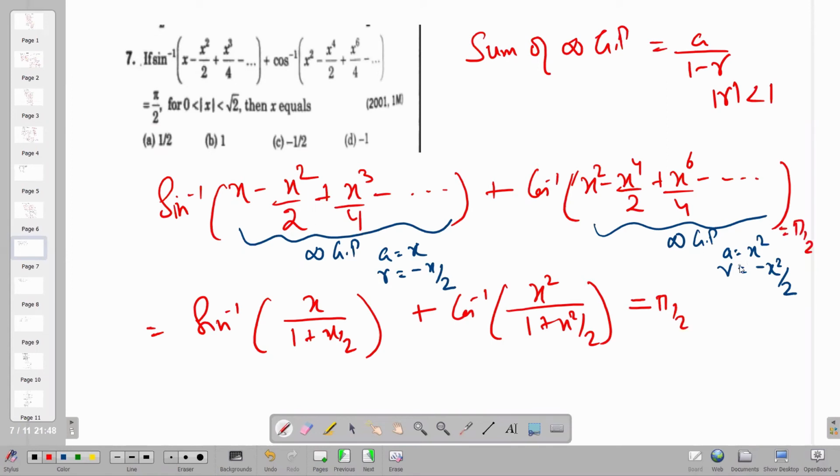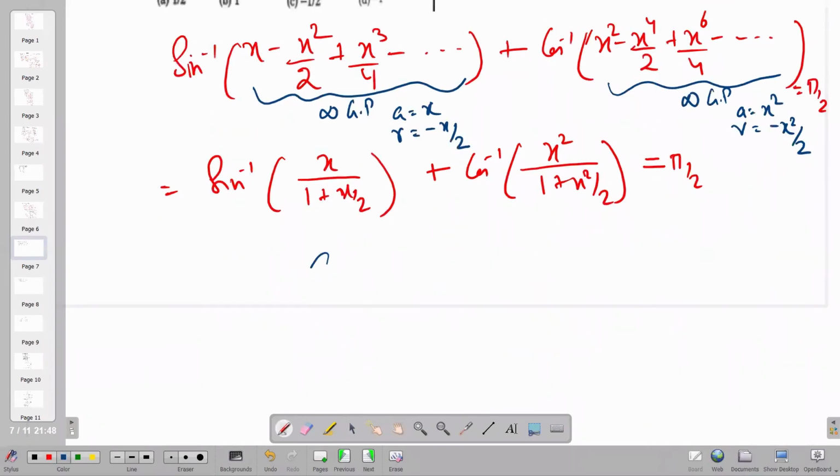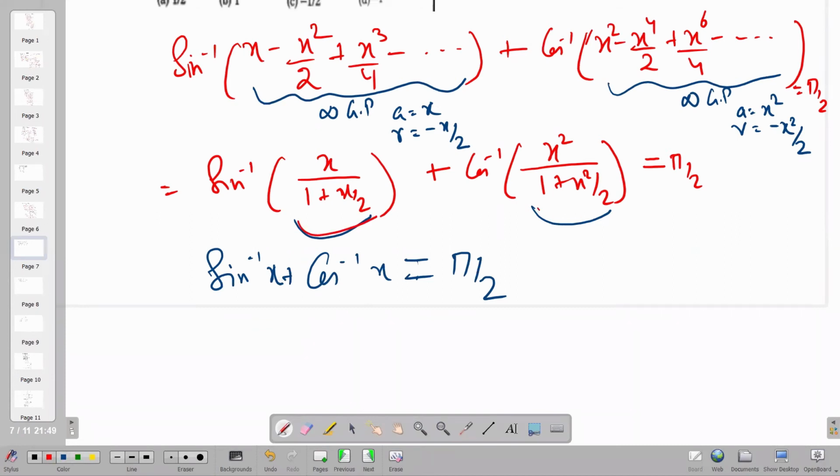And using this identity, that sine inverse of x plus cos inverse of x is equal to pi by 2, similarly this is x and this is x. If I use this identity, in that case x should be equal on both the sides. So that means these two values are the same.